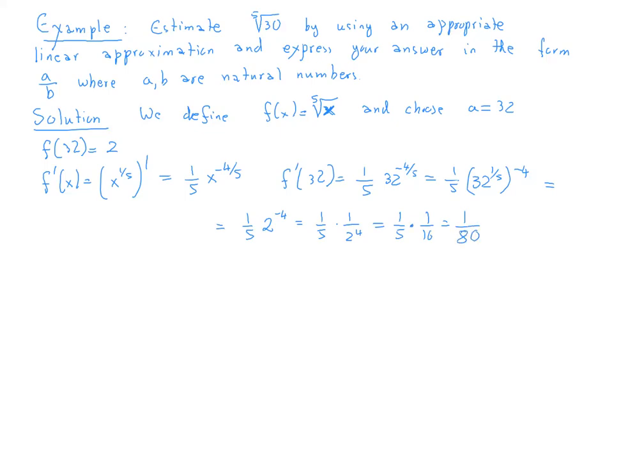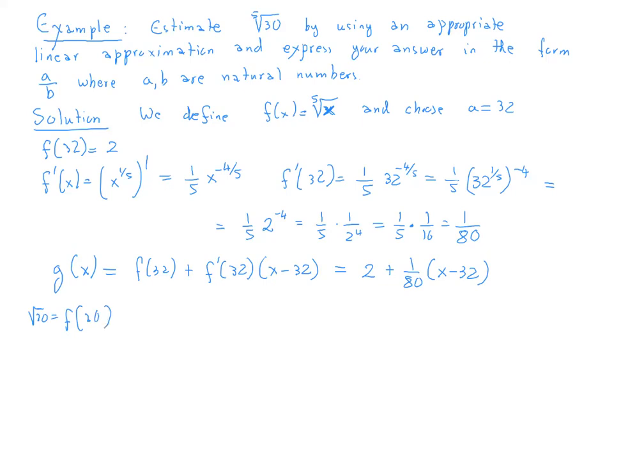Okay, so we have everything that we need. What is the linear approximation? The linear approximation is going to be f of 32 plus f prime at 32 times x minus 32, and this is equal to 2 plus 1/80 times x minus 32. And finally, the fifth root of 30, which is f of 30, is approximately equal to g of 30.